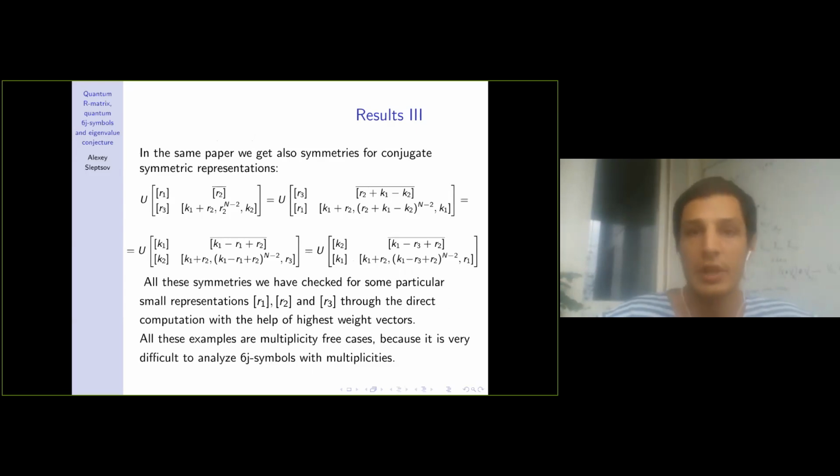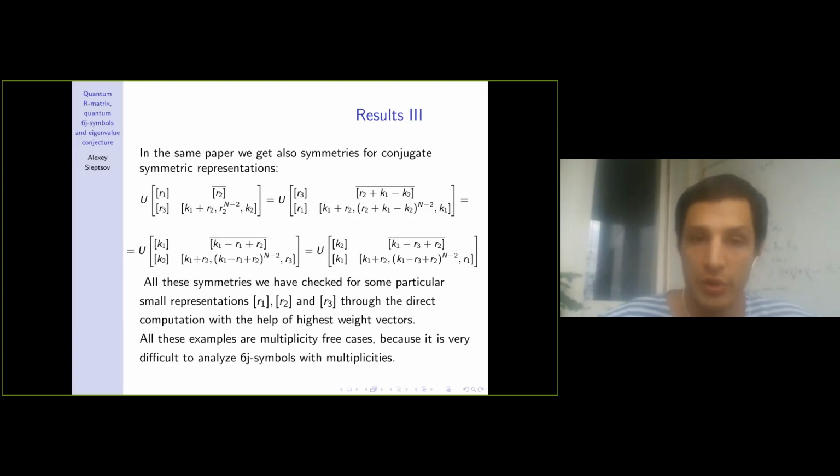Also, we get symmetries for conjugate symmetric representations. These symmetries for N equals 2 reduce to tetrahedral symmetries. And we get such a very nice example when tetrahedral symmetries can be generalized in a very non-obvious way to the higher ranks, at least for some particular class of 6j symbols.